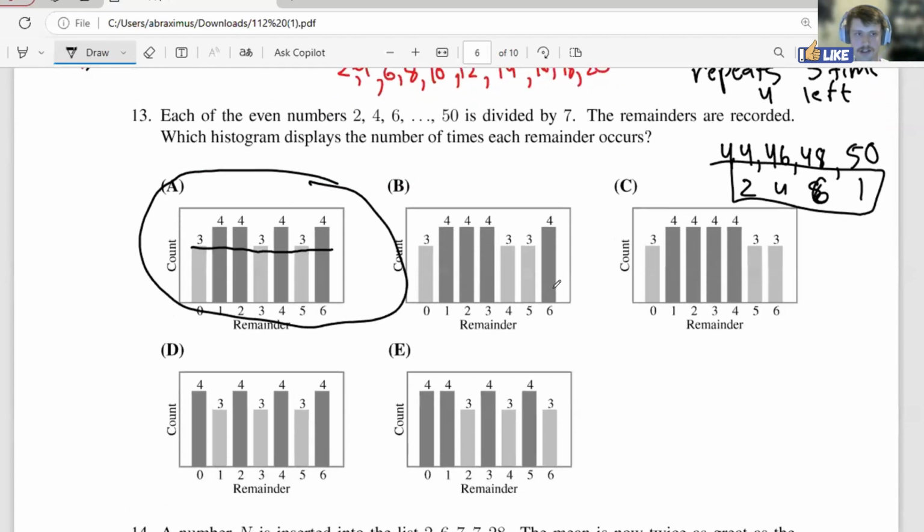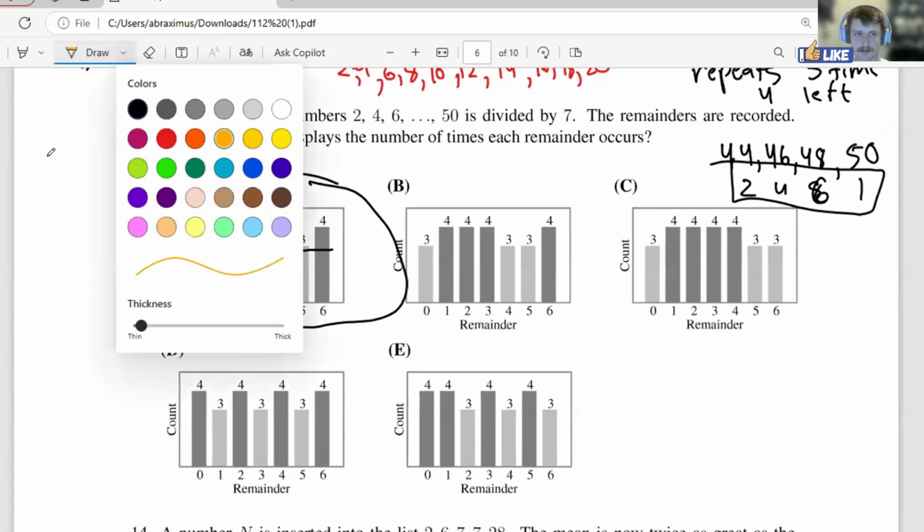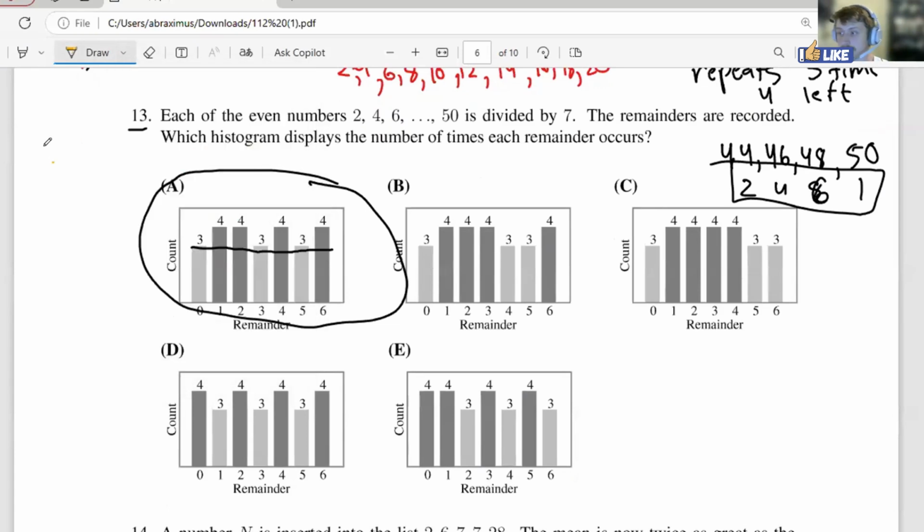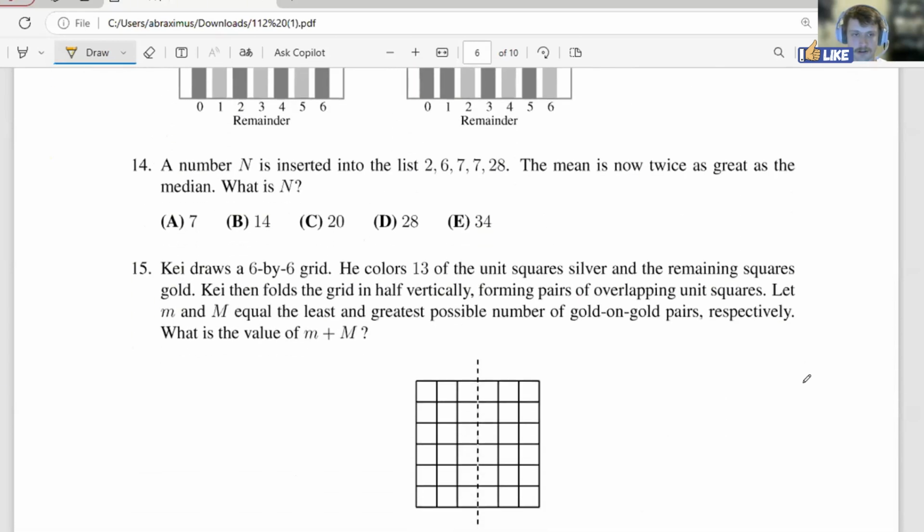This one is question 13. Any questions before I move on? I'm taking that as a no. A number n is inserted into the list 2, 6, 7, 7, 8.